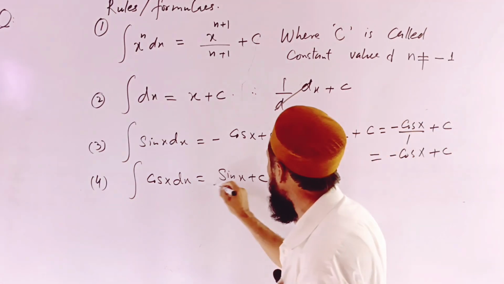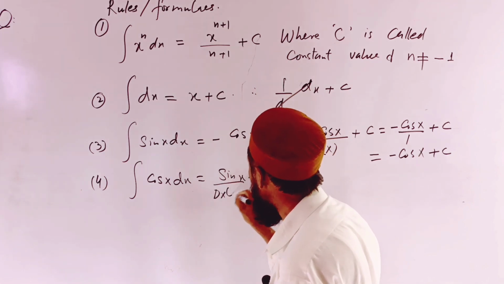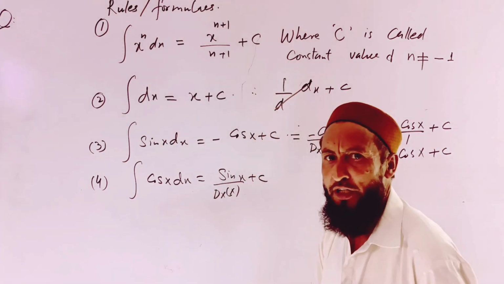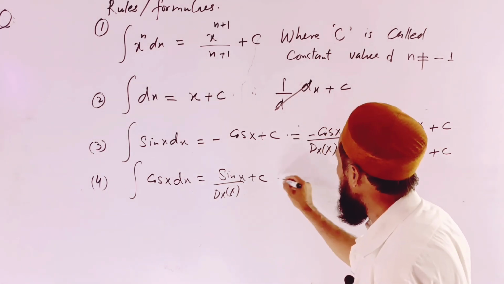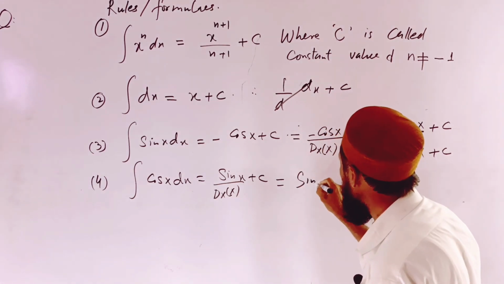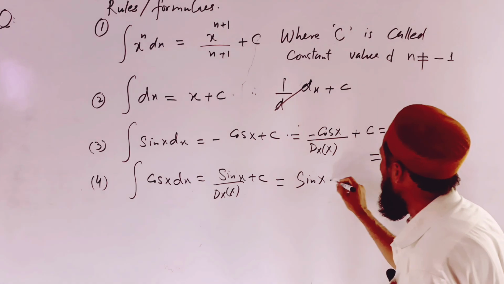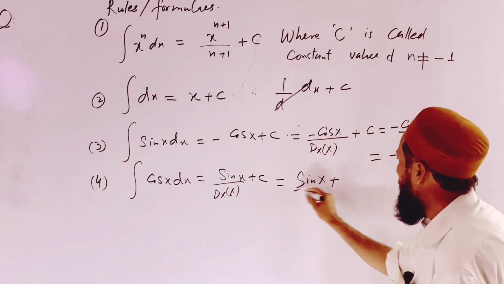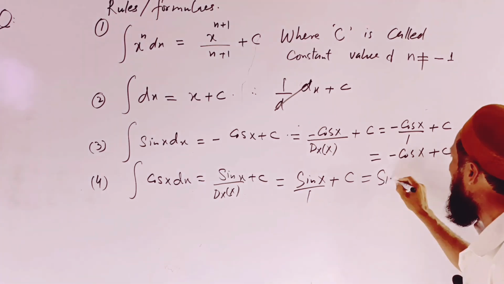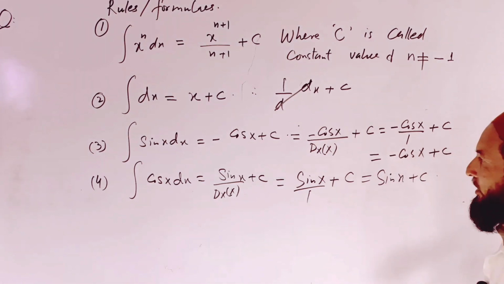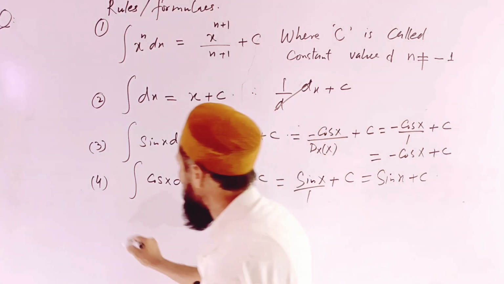Similarly, for every function we take the derivative in the denominator. So for sin x, the derivative of x gives 1, plus c, so the answer is sin x plus c. These are the main concepts we are applying.